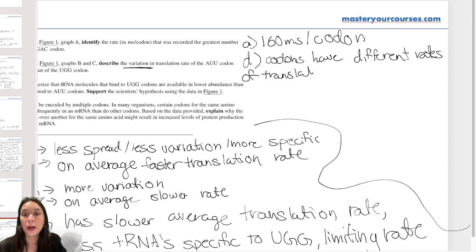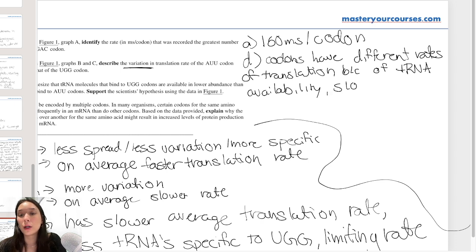And to justify that, or to give an explanation why, I would say because they're limited by how many tRNAs they have. So codons have different rates of translation because of tRNA availability. Slower translation.